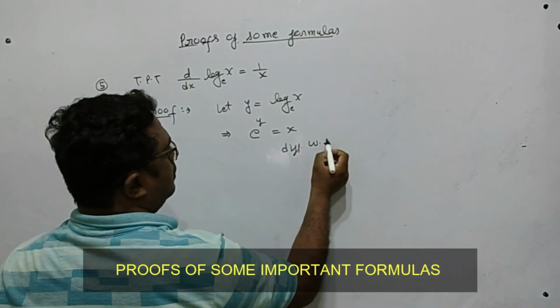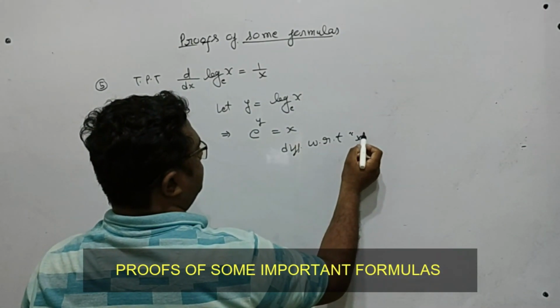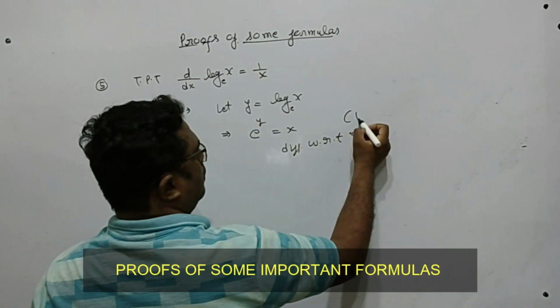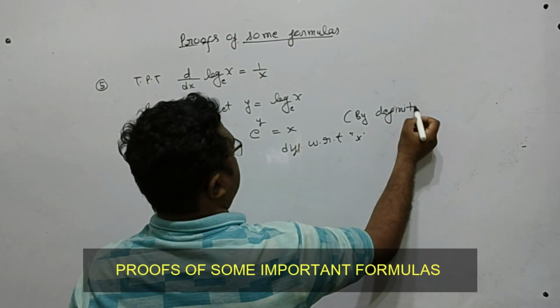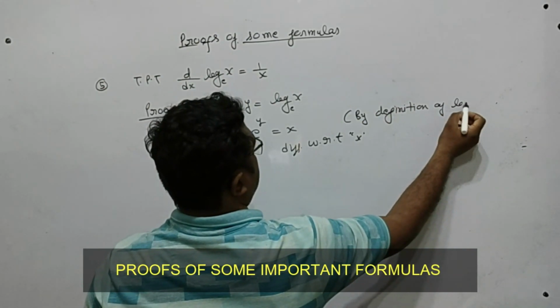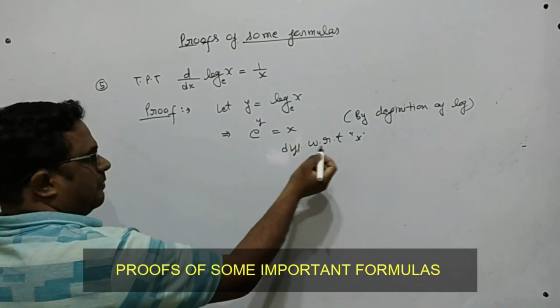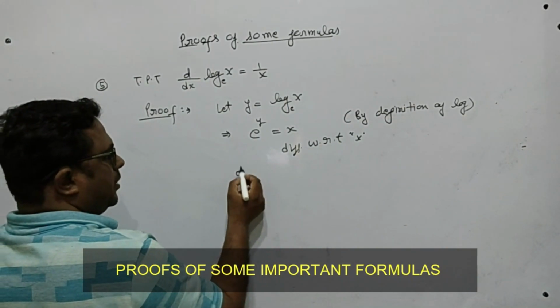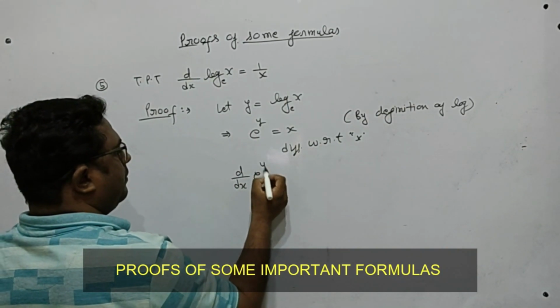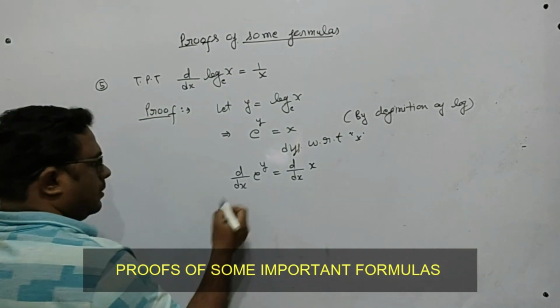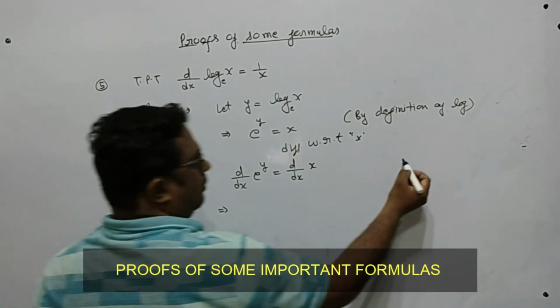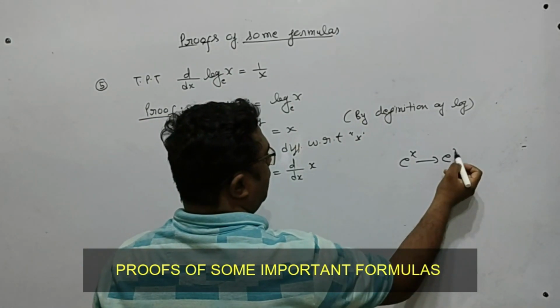Differentiating with respect to x by the definition of log. So dy/dx of e^y is equal to dy/dx of x. Now the formula of derivative of e^x is e^x.